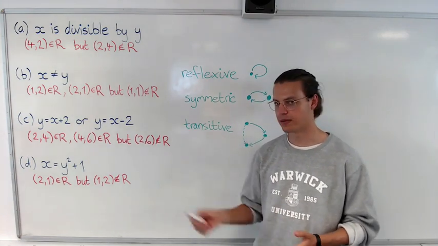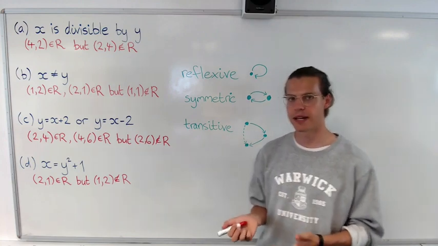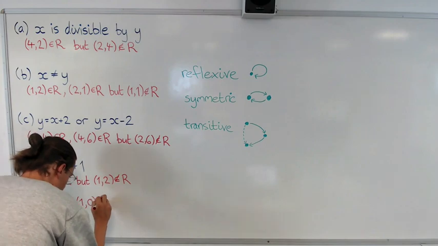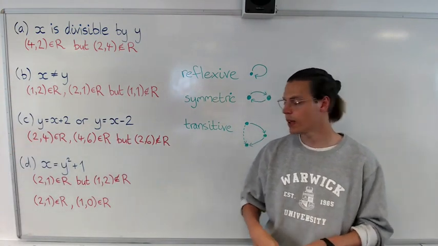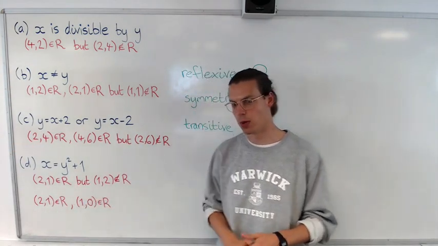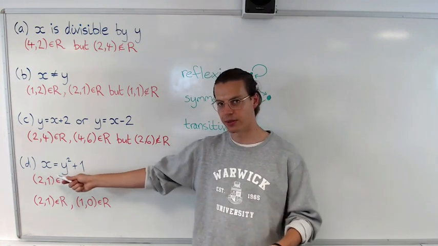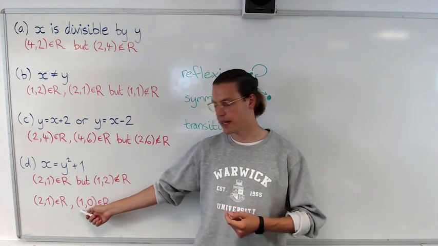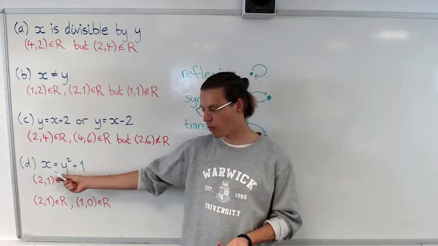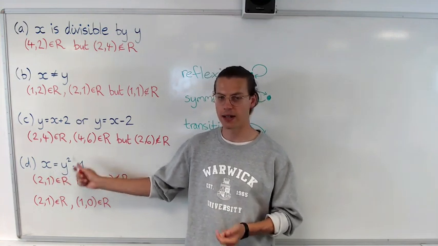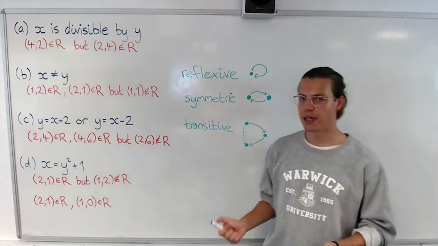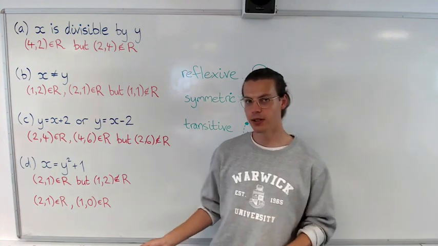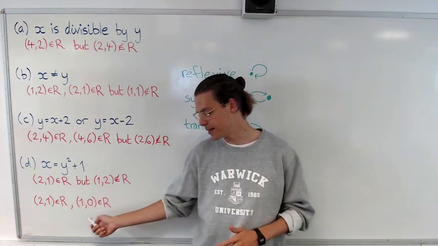Is this a transitive relation? Well, consider these pairs of elements. Two is related to 1, since 2 is equal to 1 squared plus 1. And 1 is related to 0, since 1 is equal to 0 squared plus 1. If this were a transitive relation, then we would be able to conclude that 2 is related to 0.